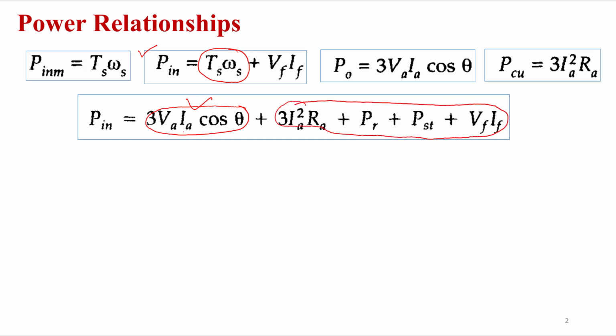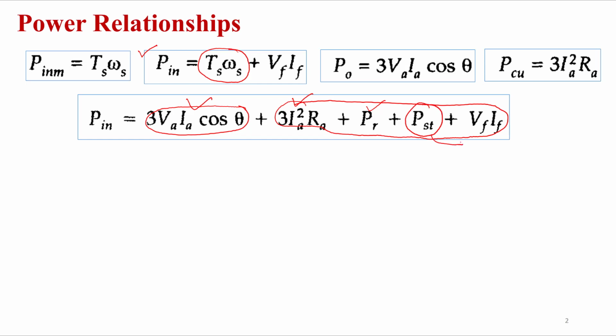So this is thrice Va Ia cos theta plus copper loss in the armature, plus Pr, your rotor loss or rotational loss, and Pst, your stray load loss.